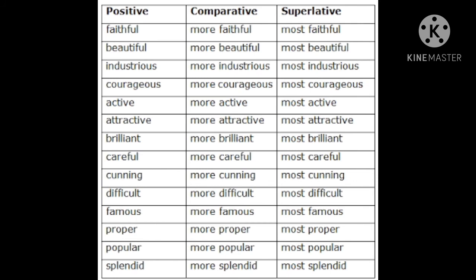Brilliant, more brilliant, most brilliant. Careful, more careful, most careful. Cunning, more cunning, most cunning. Difficult, more difficult and most difficult. Famous, more famous and most famous. Proper, more proper, most proper. Popular, more popular, most popular.